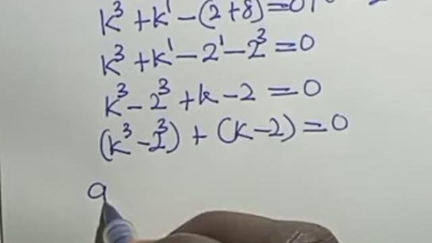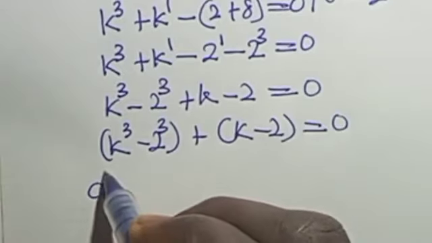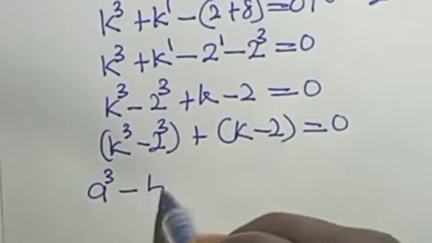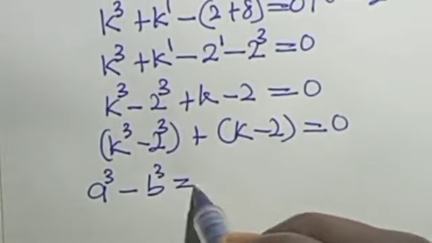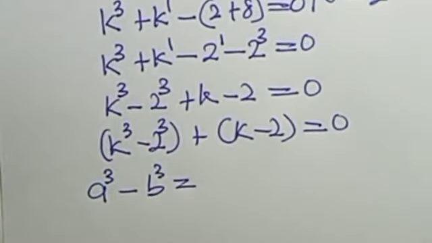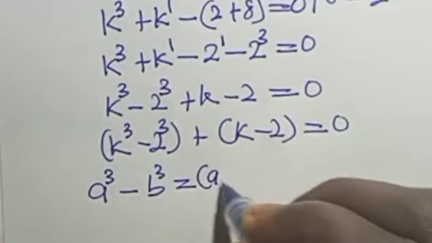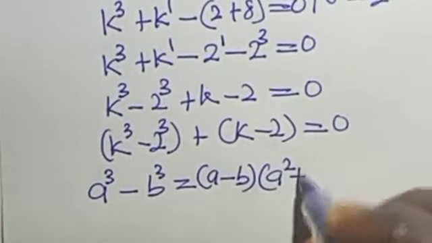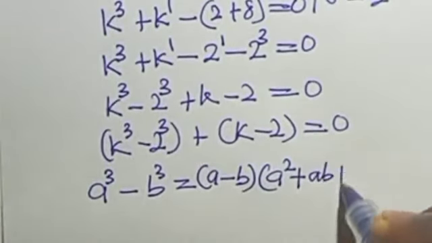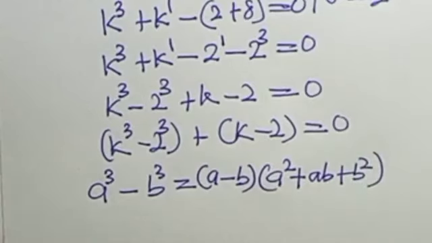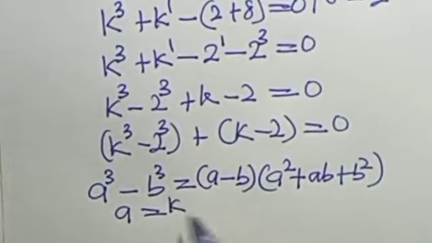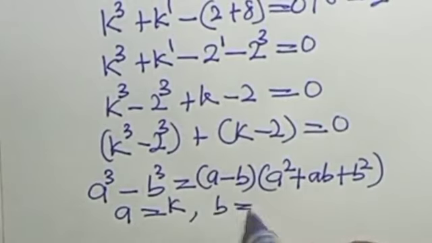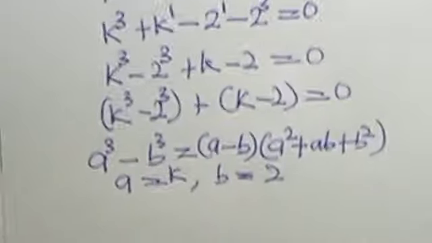And remember the algebraic identity that says a raised to power 3 minus b raised to power 3 is equal to a minus b times a squared plus ab plus b squared, where our a is k and b is 2.